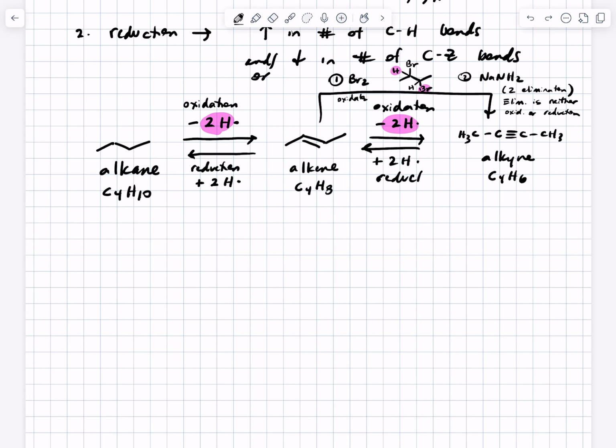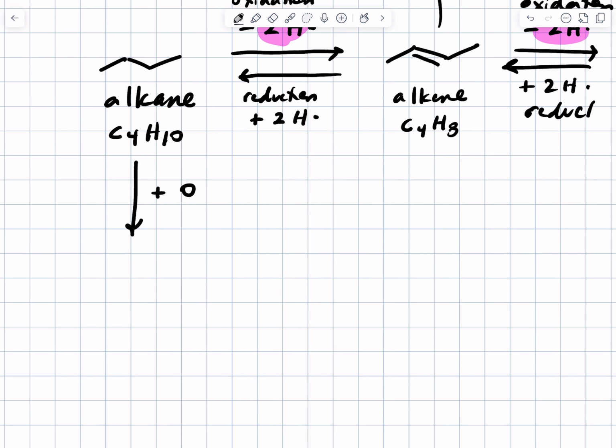Let's look at another way that oxidation reduction manifests itself in organic molecules. We won't learn how to do this yet, though we will learn something about a related reaction towards the end of the semester. But we can actually oxidize the alkane to an alcohol. The formula for an alcohol is C4H10O.